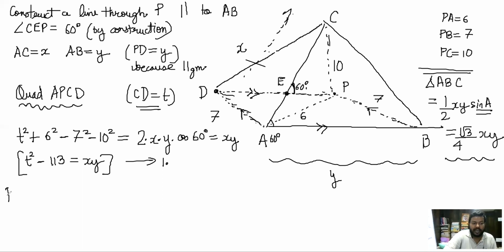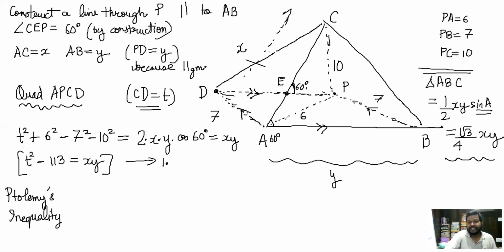Now, we also have Ptolemy's inequality, which by the way becomes an equality in the case of a cyclic quadrilateral. It says that the sum of the products of the opposite sides of a quadrilateral is greater than or equal to the product of the diagonals.